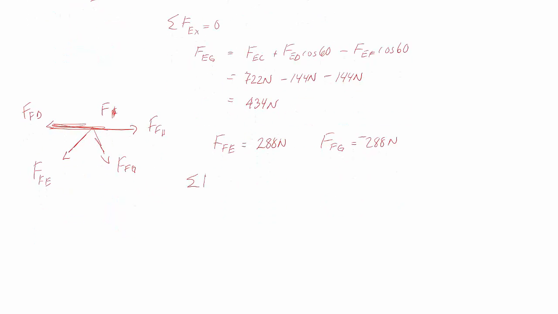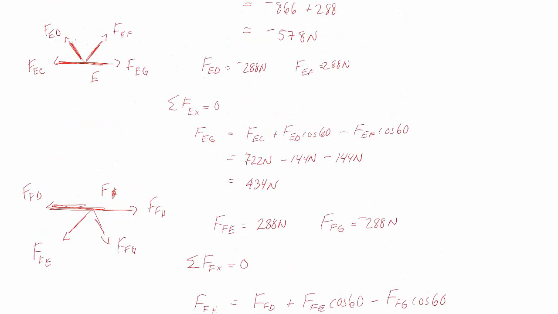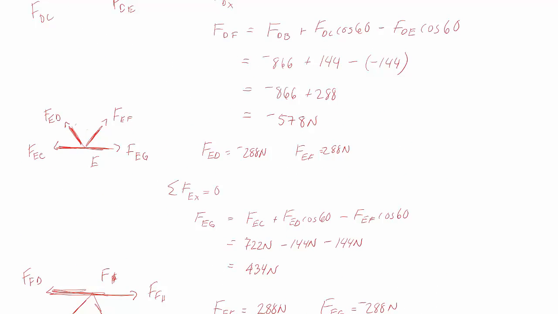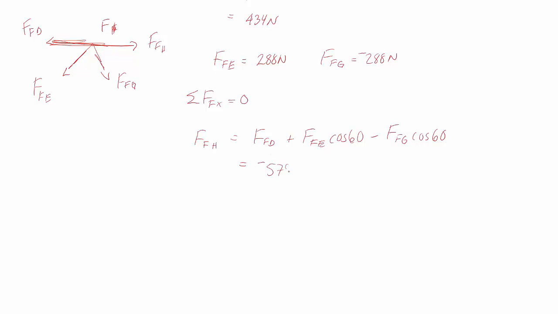And once again, horizontally, FFH is equal to FD plus FFE cos 60 minus FFG cos 60. So FFD was negative 578. FFE is a positive number, so it's plus 144. And this is subtracting a negative number, which is 144.